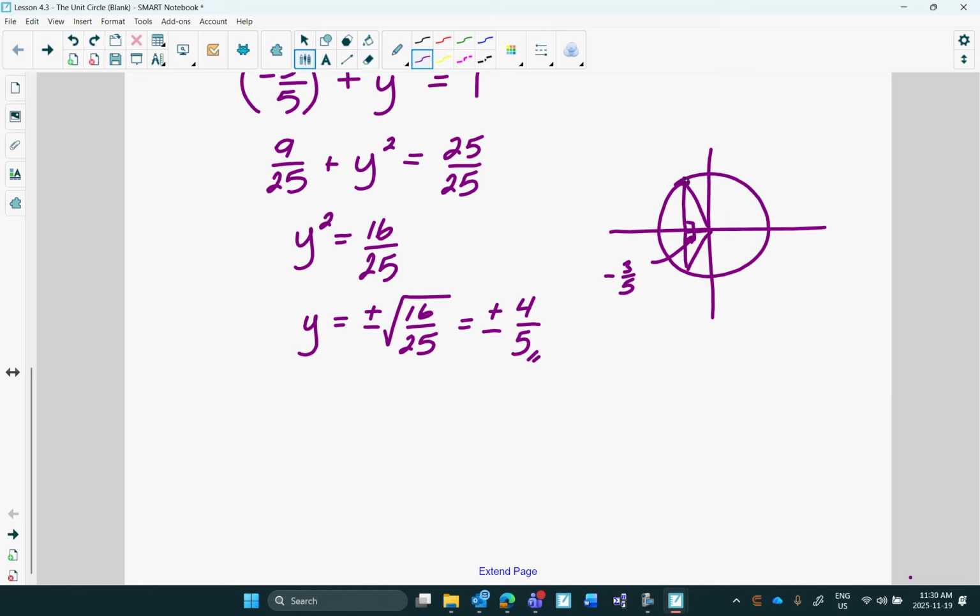Because this point is negative 3 over 5, comma, the y value I found, 4 over 5. But I can have a second point on the unit circle where the x value is negative 3 over 5. And that's when y is negative 4 over 5. So it makes sense that there's two answers.